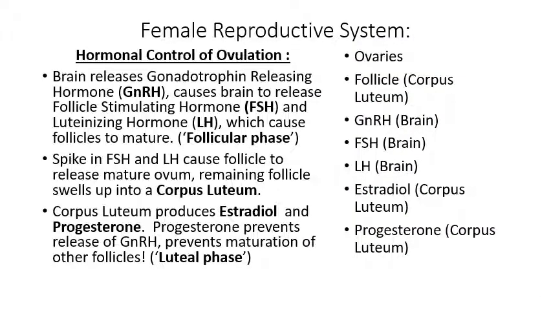Okay. The brain releases a hormone called gonadotrophin releasing hormone, abbreviated GnRH. This causes the pituitary gland to release 2 hormones. One of them is called follicle stimulating hormone, abbreviated FSH, and the other is called luteinizing hormone, abbreviated LH.